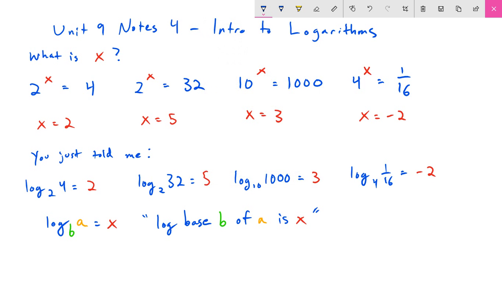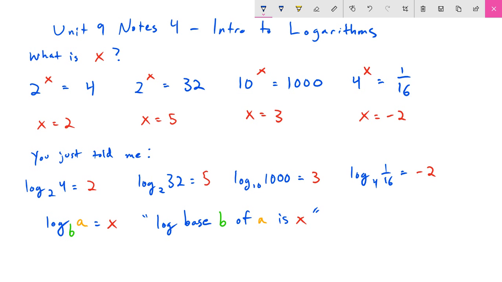That's how you read this kind of statement. Log base b of a is x. So could you tell me how to read this third one with the 10 and the 1,000? Log base 10 of 1,000 is 3. That's right. That's how you read it.